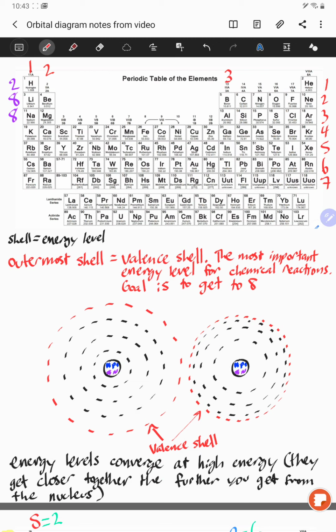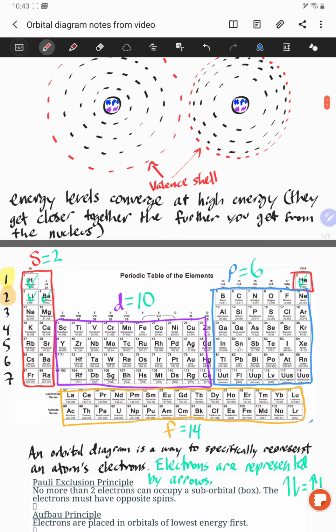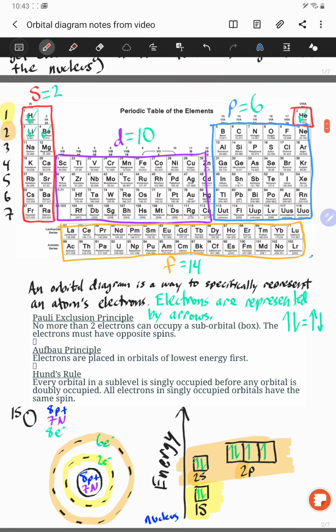But this one right here will have 3 valence electrons, then 4, 5, 6, 7, 8. So that is the number of valence electrons as we go across. And the valence electrons are just the electrons that reside in the outermost shell, or the valence shell.